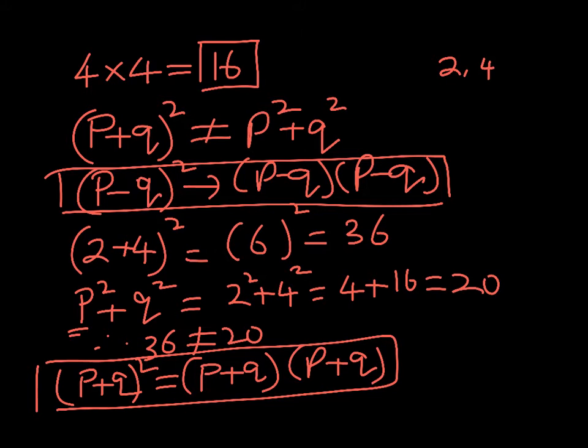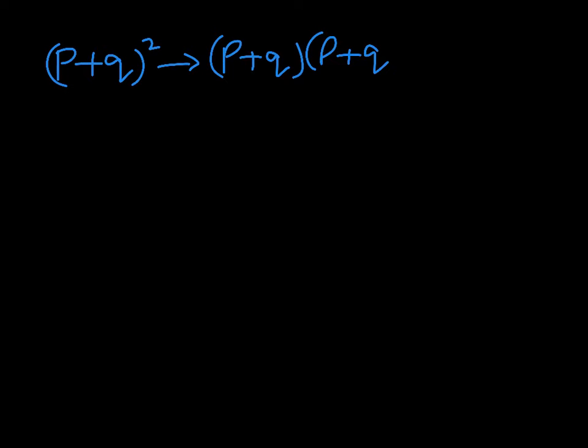Now, how do we expand perfect squares? Let's quickly do that. To expand perfect squares, let's use P plus Q first. (P plus Q) in bracket squared, and we said this translates to (P plus Q) into (P plus Q).